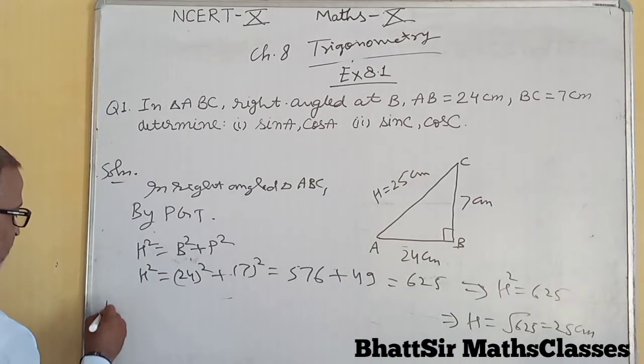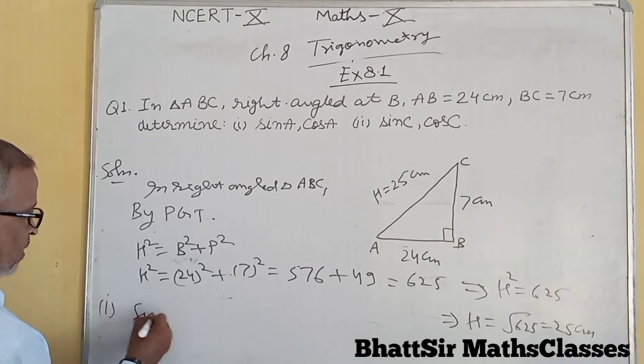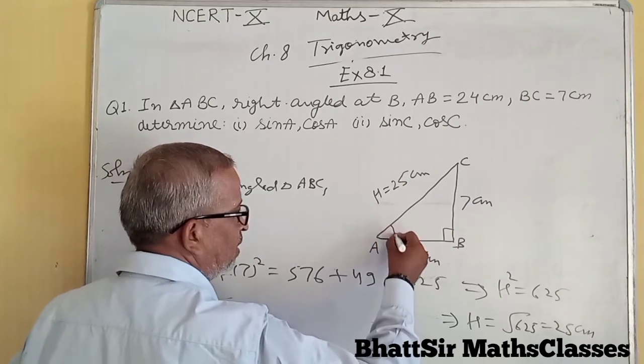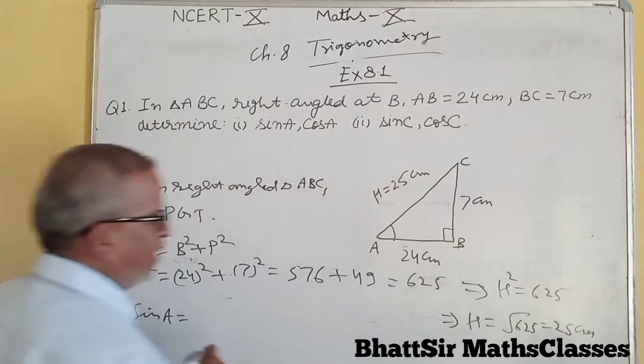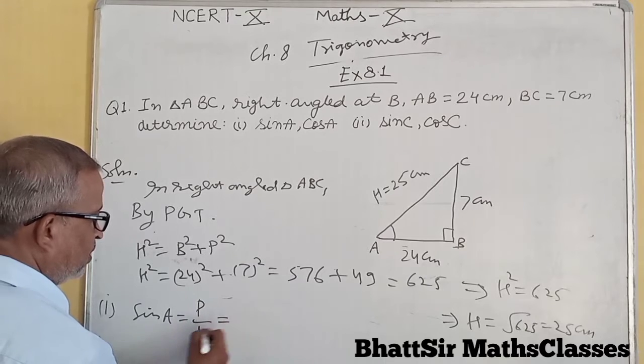Now we have to answer question number 1. Sin A. For this angle A, it is the base, it is the perpendicular, it is the hypotenuse. So sin A equal to perpendicular over hypotenuse.